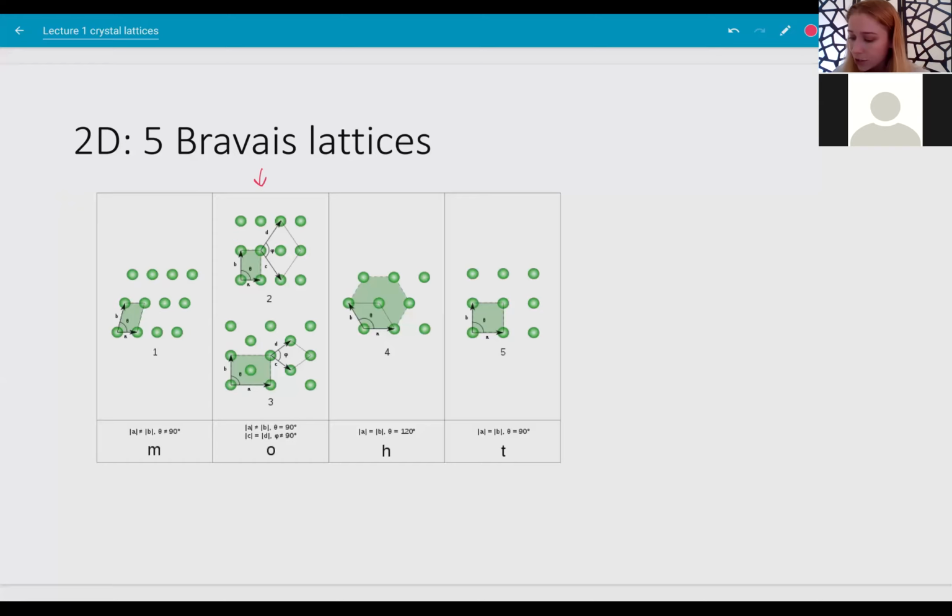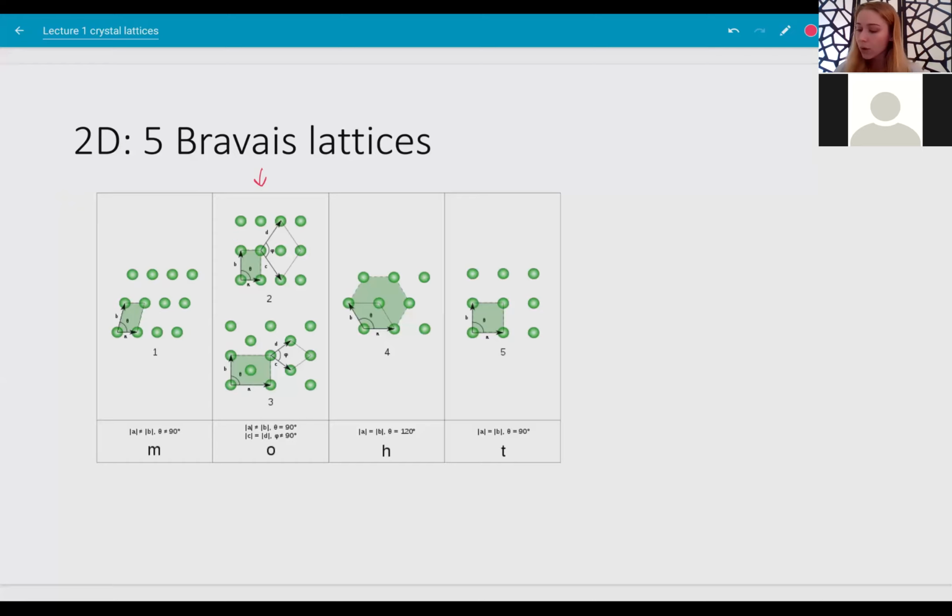Then there's a centered version down below, which is labeled with the number 3. Let me come back to that in a little bit. And then the least symmetric one, the M here stands for monoclinic, and that means that the translation vectors A and B do not have the same length, and the angle between them is not 90 degrees.